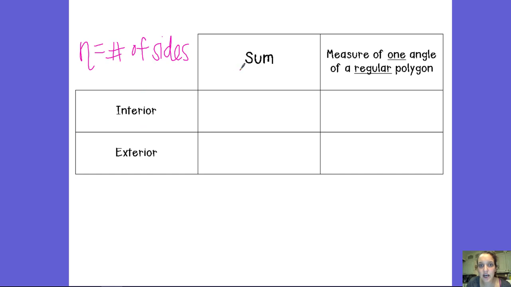So the sum of the interior angles of every polygon, whether it's regular or irregular, remember you take the number of sides, which is n, subtract 2. That gave you the number of triangles, and then remember each triangle has 180 degrees. So you're taking the number of triangles, n minus 2, multiplying it by 180.